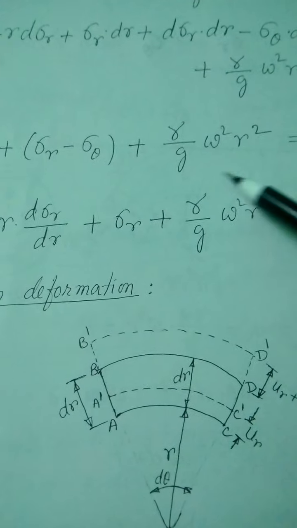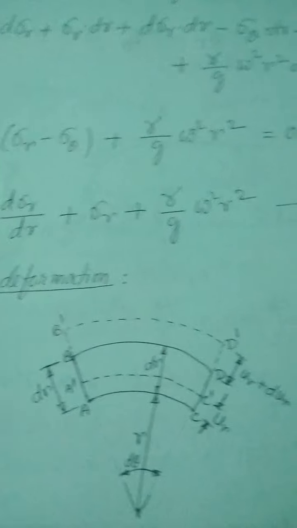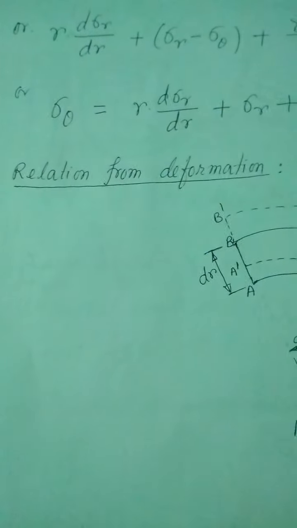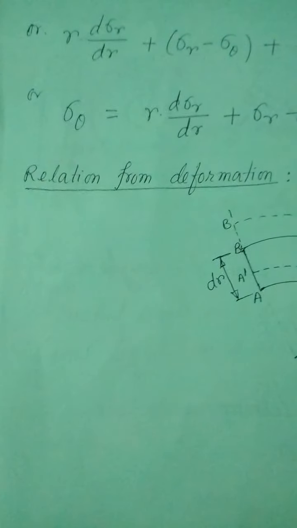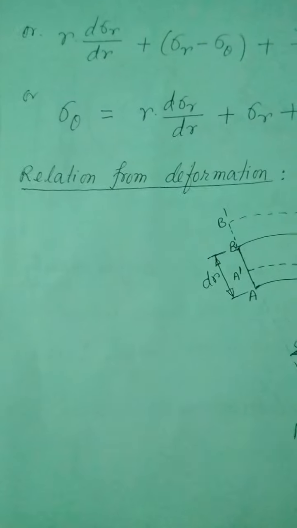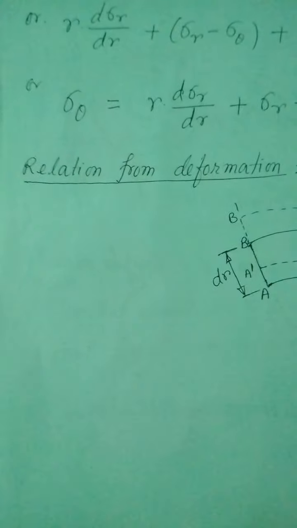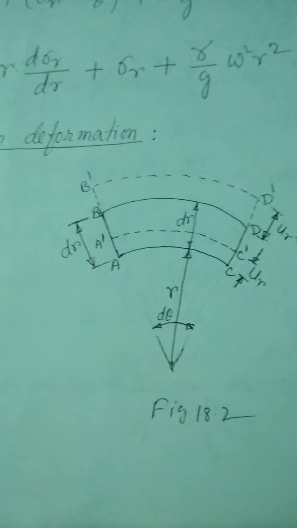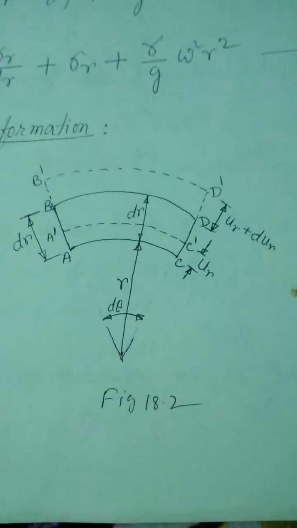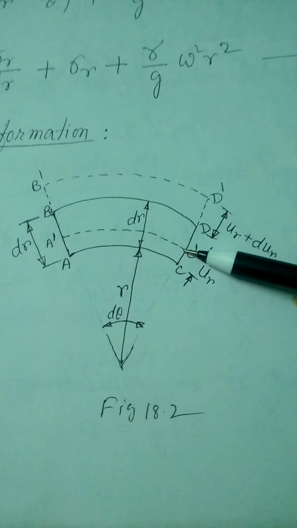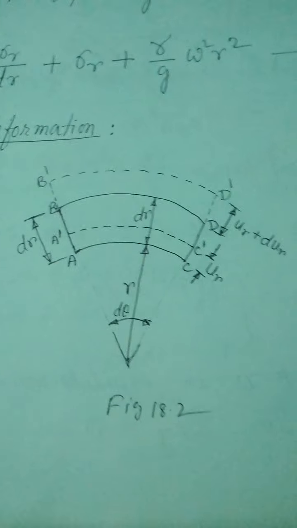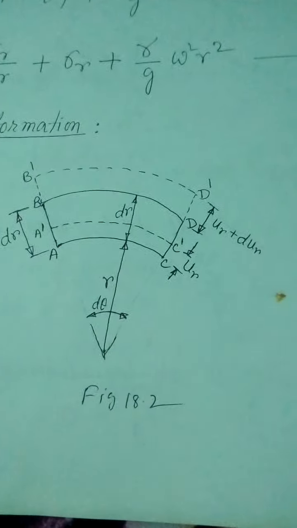Okay, this is the pressure form. Okay, now this is there, and this relation we have done when we got those plane stress, plane strain. Now this is this part. This part is the displacement UR in the R direction, so this will be UR plus DUR. So rest one is the mathematical.